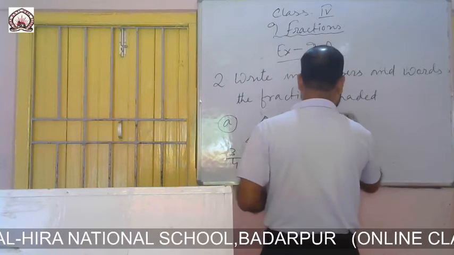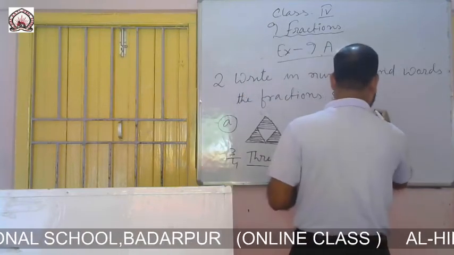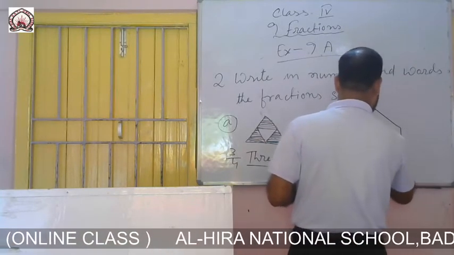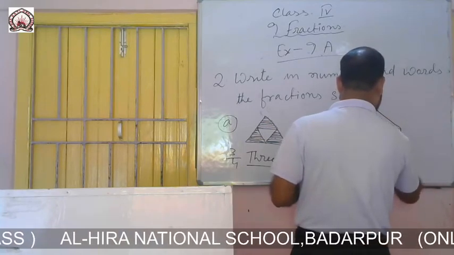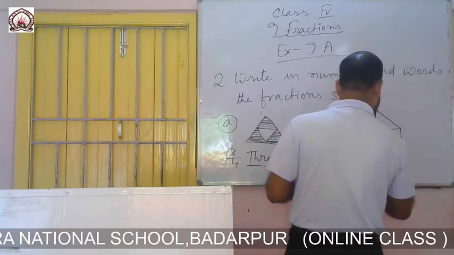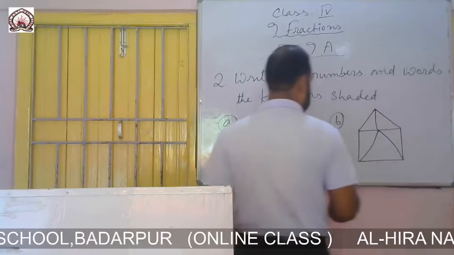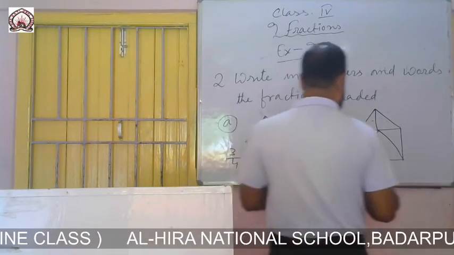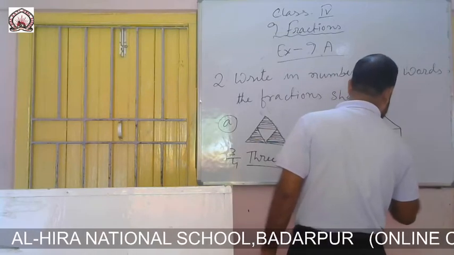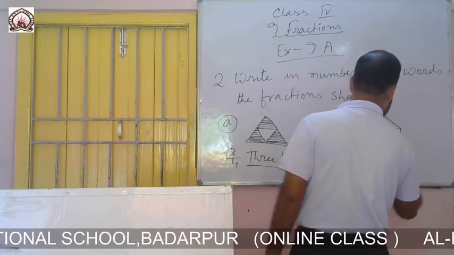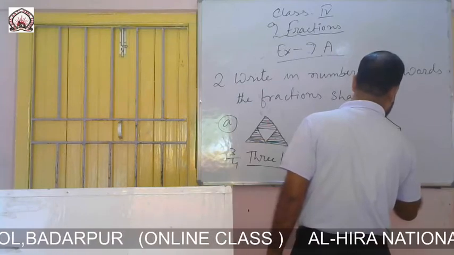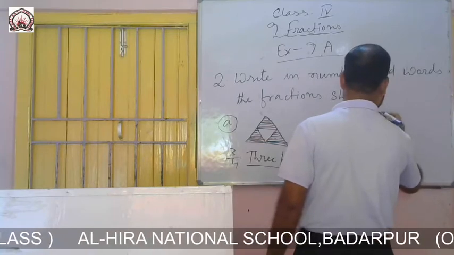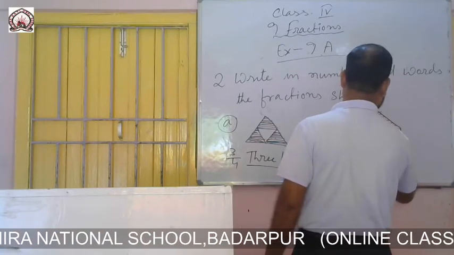Question number B. Here how many triangles are there? 1, 2, 3, 4, 5. 5 triangles are there, and out of 5, 3 are shaded. 1, 2, 3.